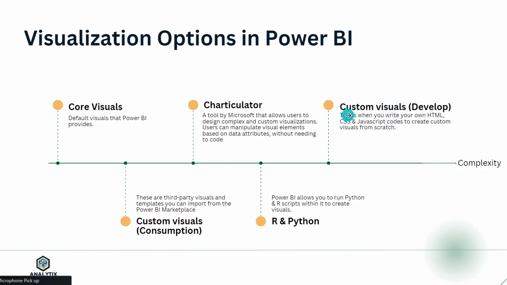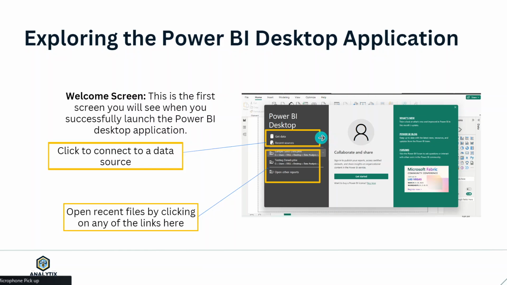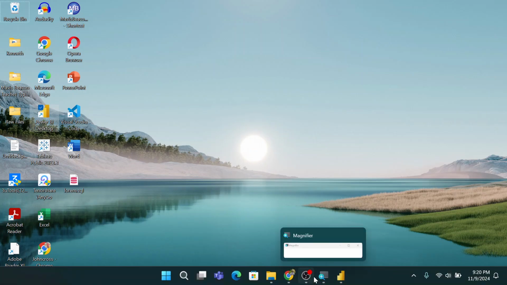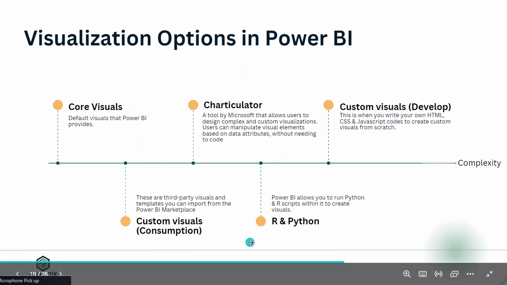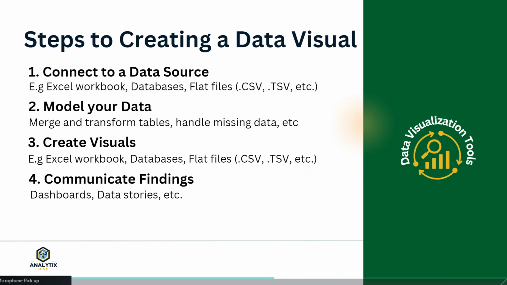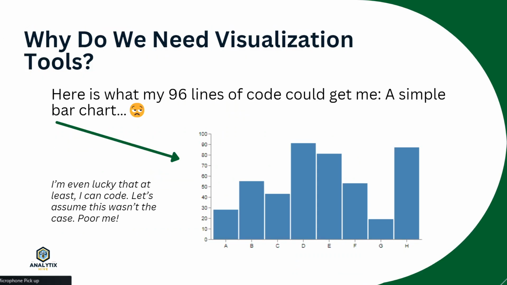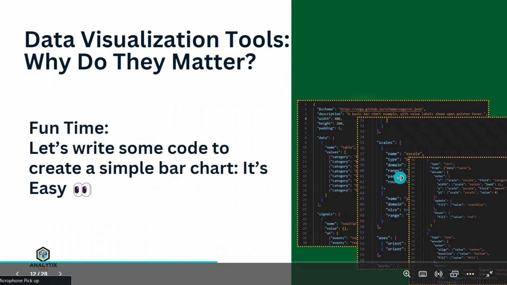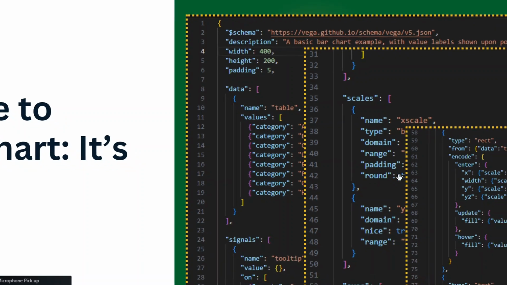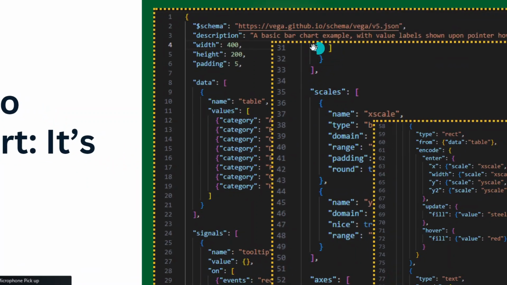But when you now go to the most complex option, which is to develop your own custom visuals, in that case, you would need to start writing extensive HTML, CSS, and JavaScript. Similar to what we saw here. Let me go back some slides before now. Similar to this, right? And even this is still a way of using, we saw Vega, right?